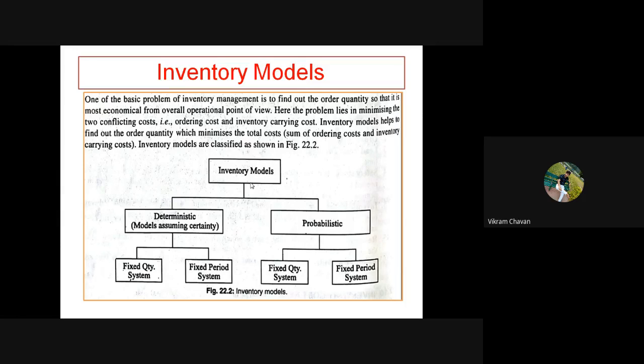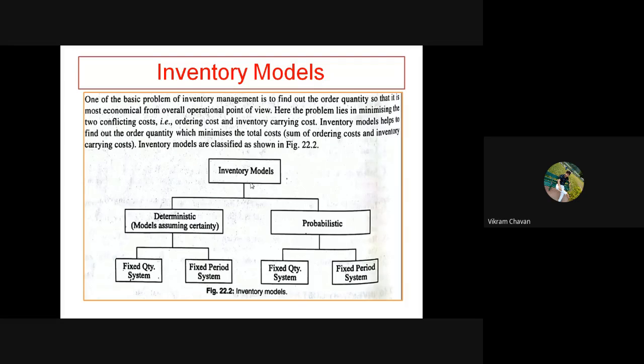In the probabilistic model, demand is never constant, and different kinds of variables are always added to the model, and the effect of those variables is considered. In the deterministic model, there is no seasonality, that is, no variation of demand according to season or the trend of the product in the market.